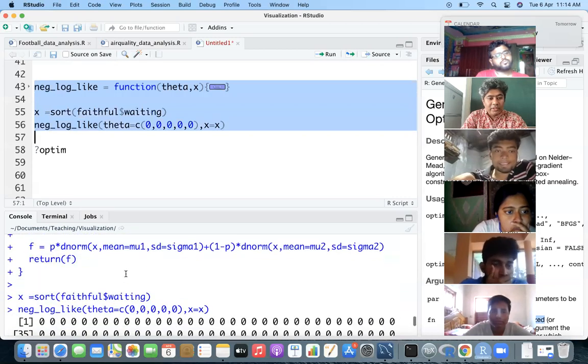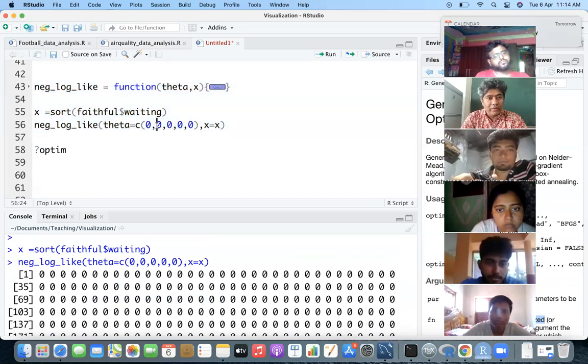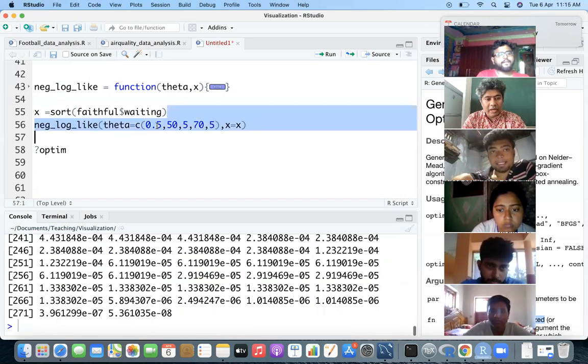Everybody is giving me 0 because I have given a very weird value. So maybe I just give 0.5, maybe 50, maybe 5, maybe 70 and 5. Now probably it will give some values. Yeah, now it is giving some values because the initial value that I was giving was all weird, so it was just throwing me 0, 0, 0.